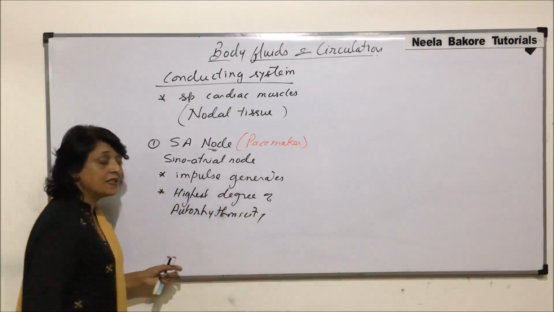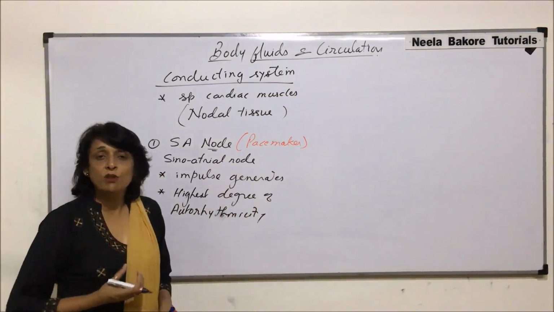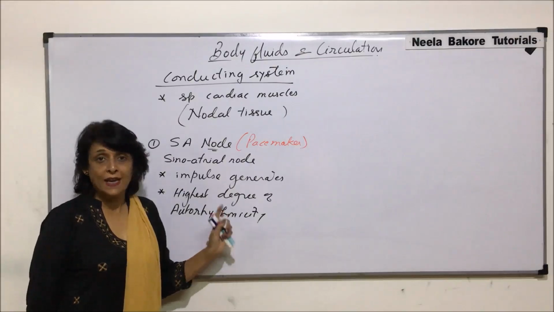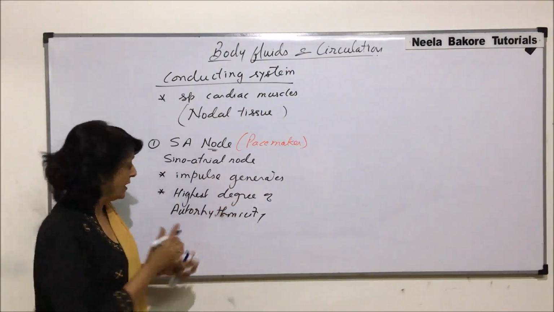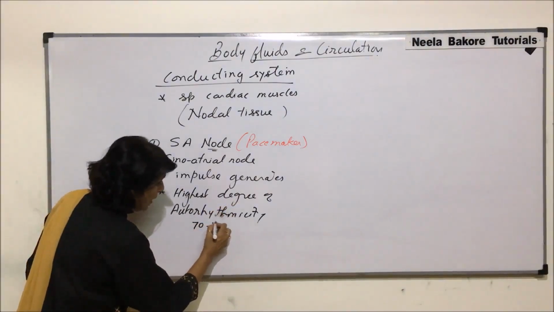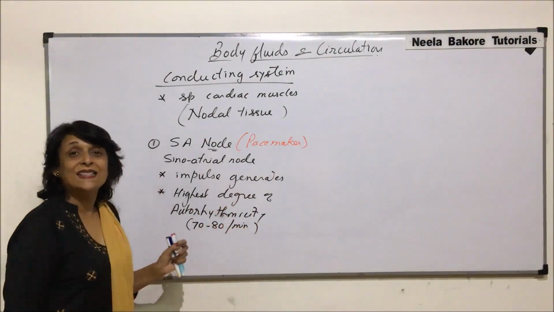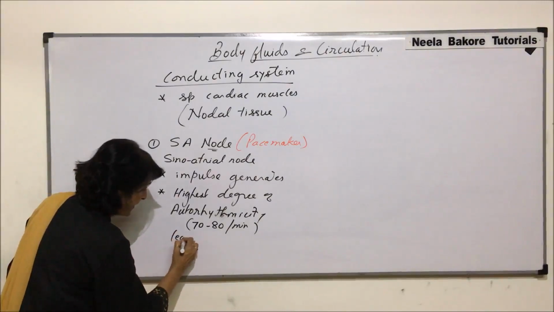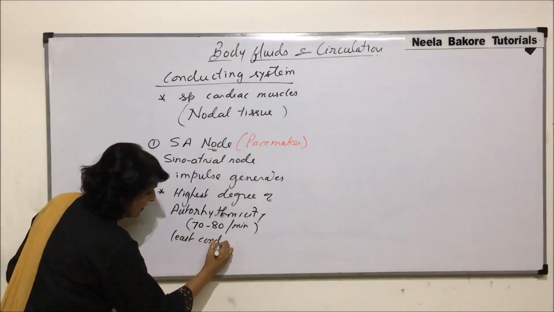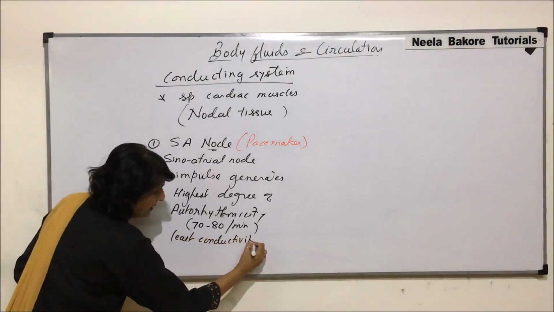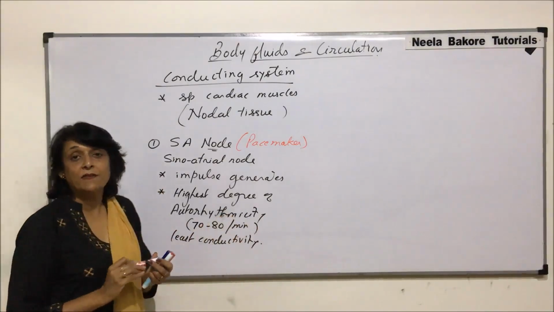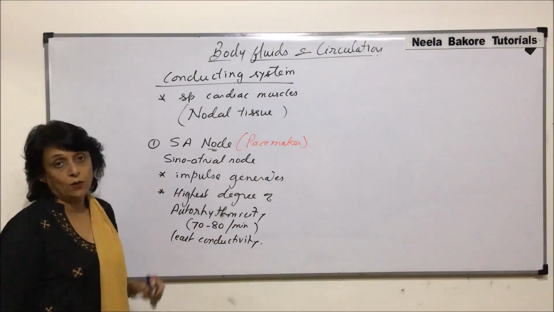That means the autorhythmic stimuli which are generated here have the highest degree, about 70 to 80 times per minute. But this tissue has the least conductivity. This is important information that we need to remember about the SA node.